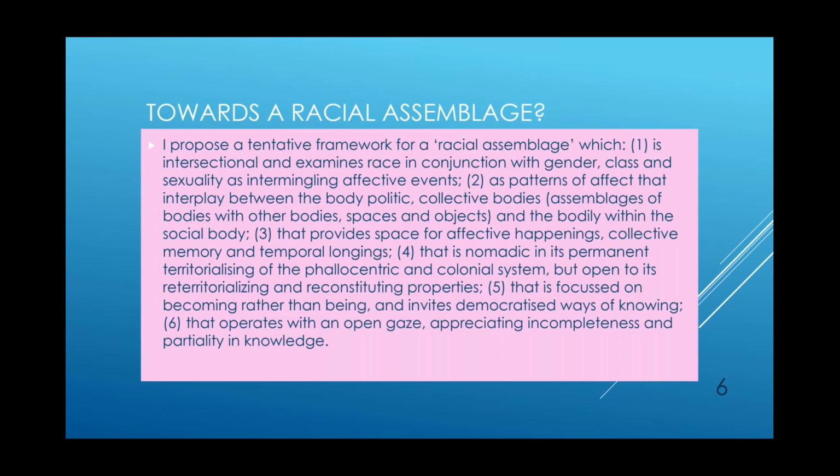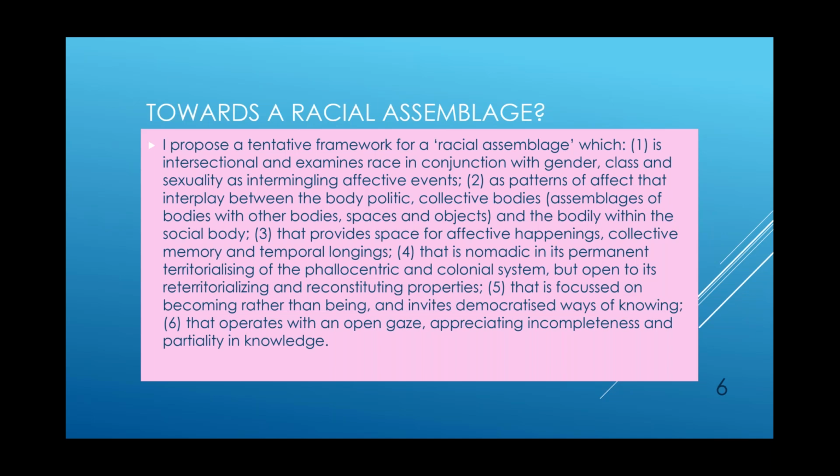In several forthcoming papers, I propose a tentative framework for a racial assemblage, which is intersectional because it absolutely has to be seen in conjunction with gender, class, and sexuality. But looking at racial assemblage as an affective event that is quite agentic, it involves an interplay between the body politic, the individual, but also collective bodies.